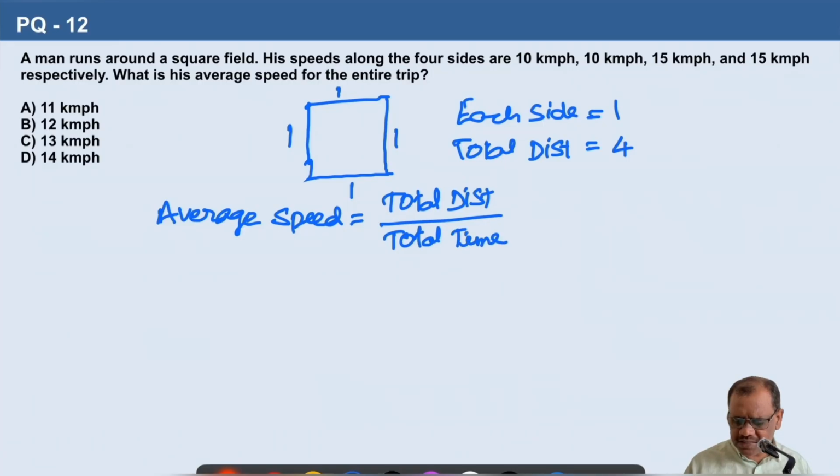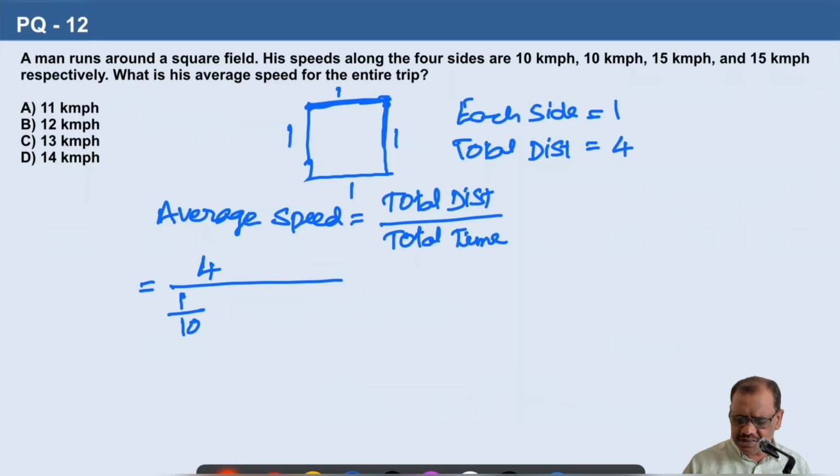So total distance is 4 units here, and now the time of traveling for the first side. The speed is 10 kilometers per hour and the distance is 1 unit, so time is distance by speed, that is 1 by 10. This is the time of traveling for the first side.